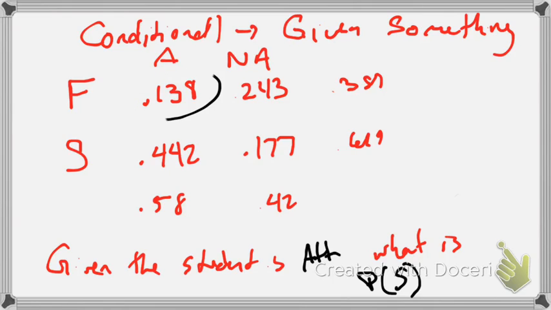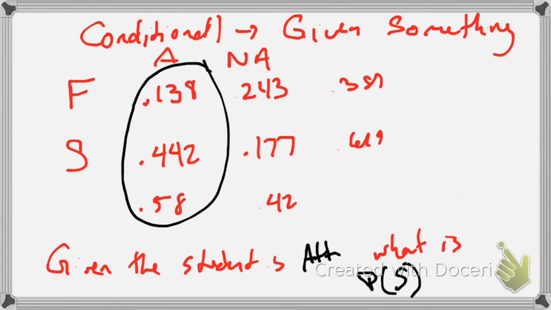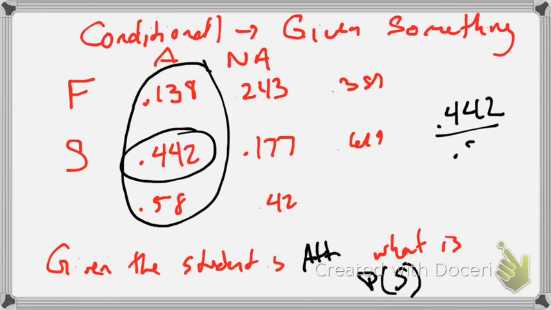We're looking in this column right here, and we want to know the probability that that person is a sophomore. So we have 0.442 over 0.58. Out of the people who are attending, how many of them were sophomores? 0.442 divided by 0.58 is 76%.